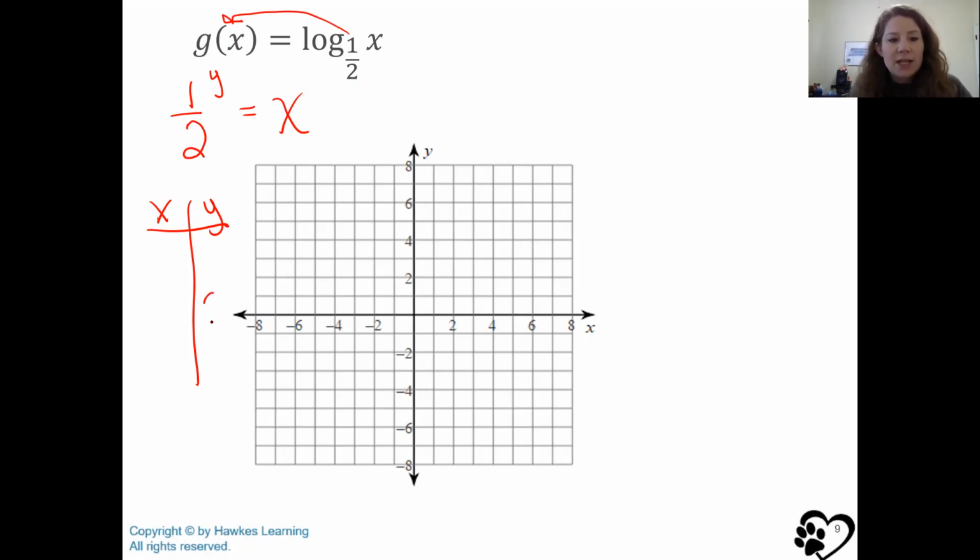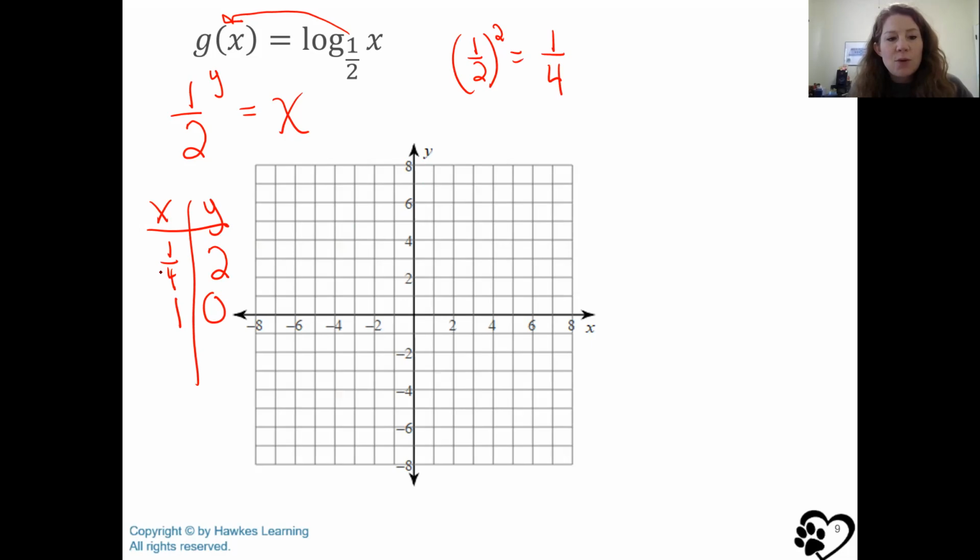What's anything raised to the 0 power? The answer is 1. All right, what if I want y to equal 2? So what would be 1/2 squared? Well, it would be 1/4, right?